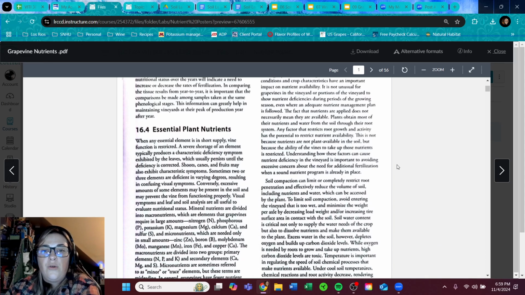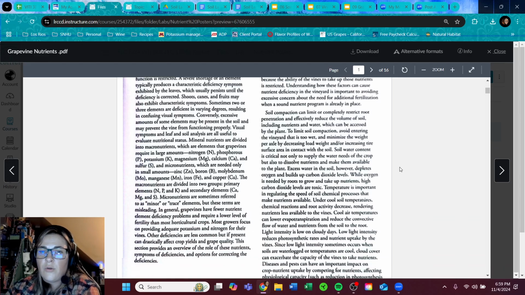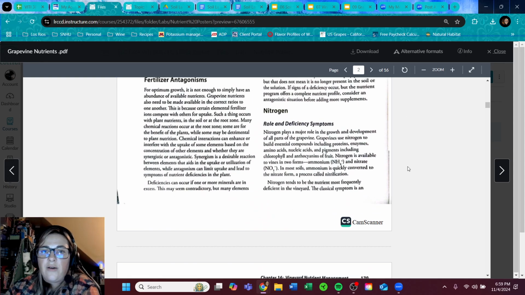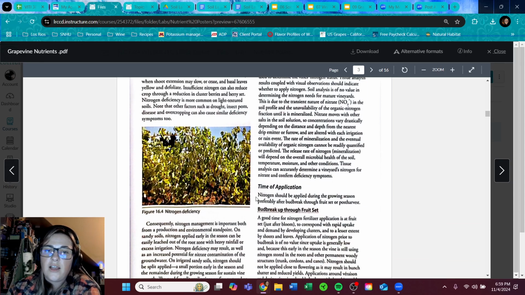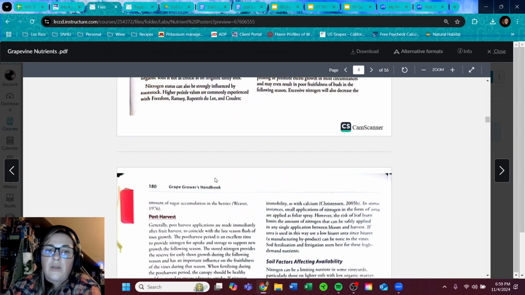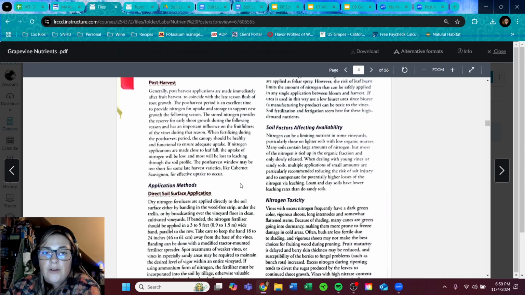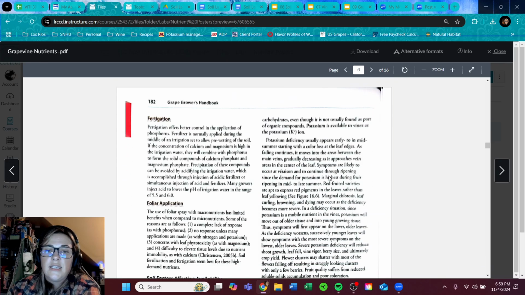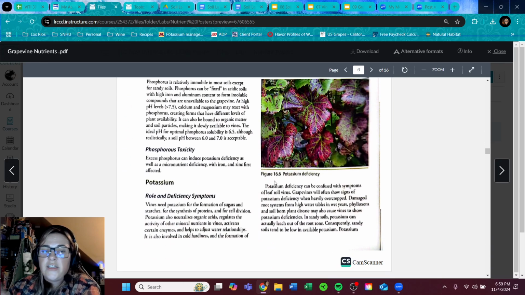So if you are a reading person, or even just for your information, this will outline, like, nitrogen is right here. It talks about what the symptoms are, what nitrogen toxicity looks like, phosphorus, and so forth. All these pages are scanned in order. I did my best to scan those on my phone.